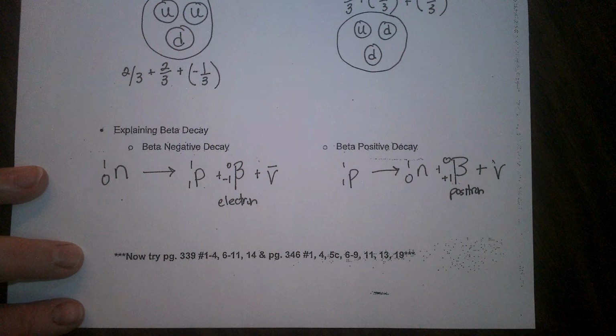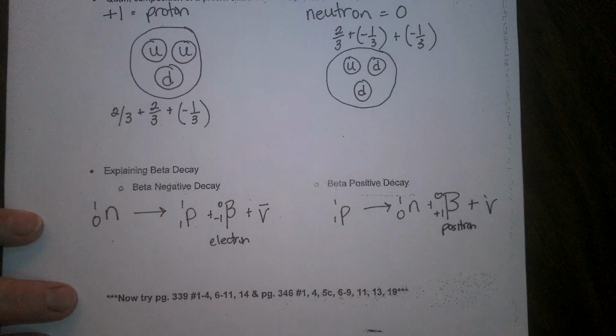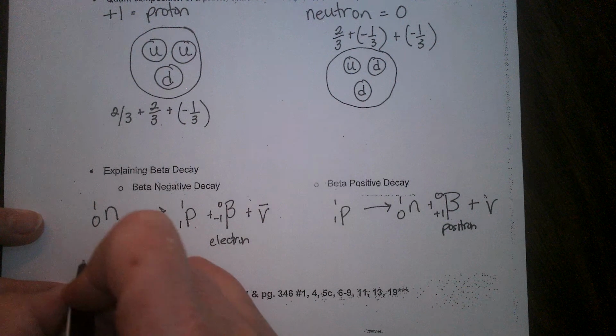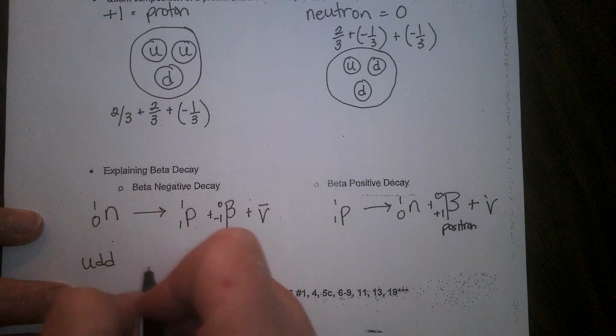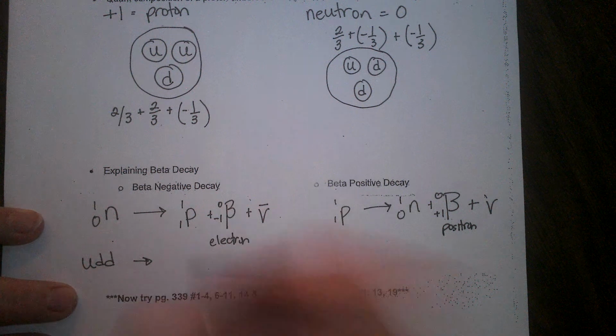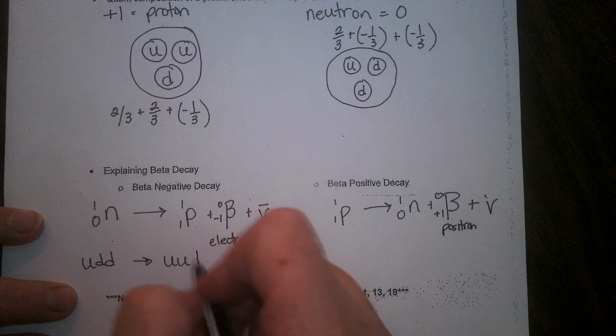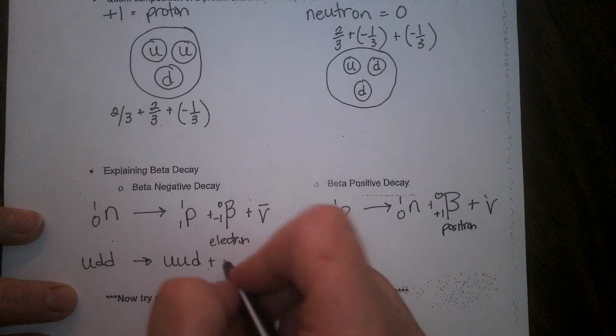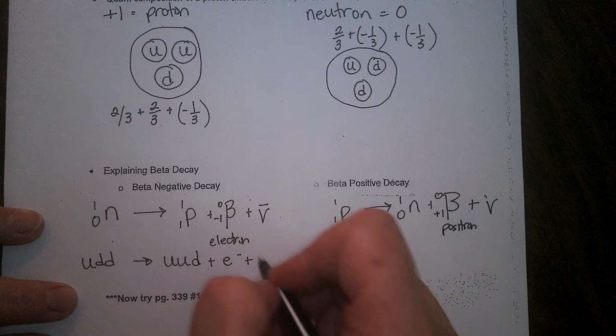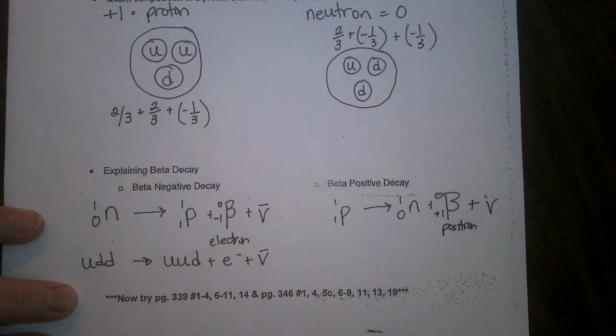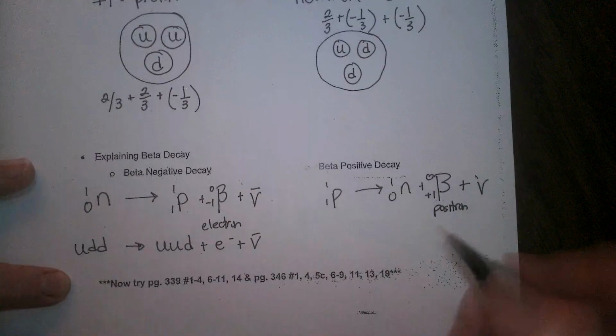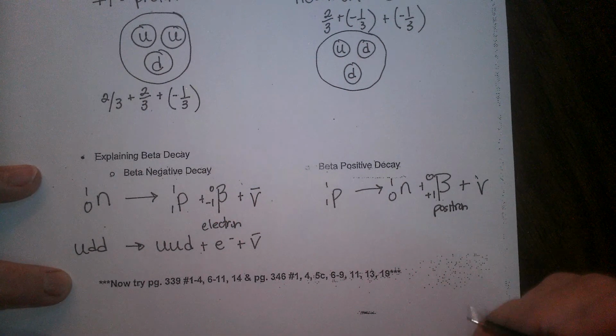If I was to code this with quarks, I would have an up, down, down, which is going to give me an up, up, down, plus an electron, plus an antineutrino. How would I code beta positive decay?